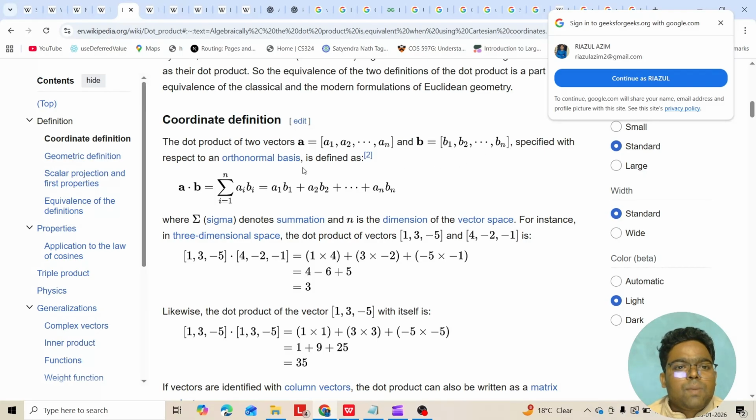If I specify it with the orthonormal basis and do the dot product, a dot b is the sum over ai times bi, that is a1 b1 and so on: element-wise multiplication and addition. For example, 1 3 minus 5 dot product with 4 minus 2 minus 1 results in 3.